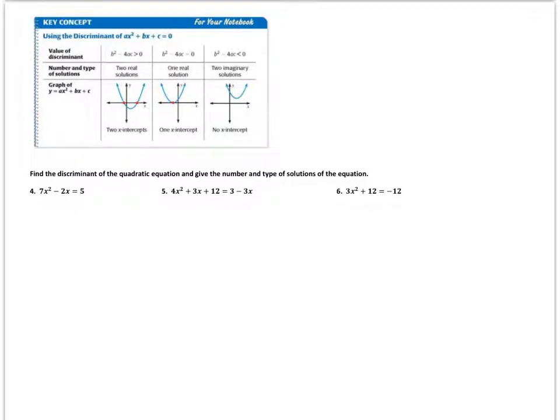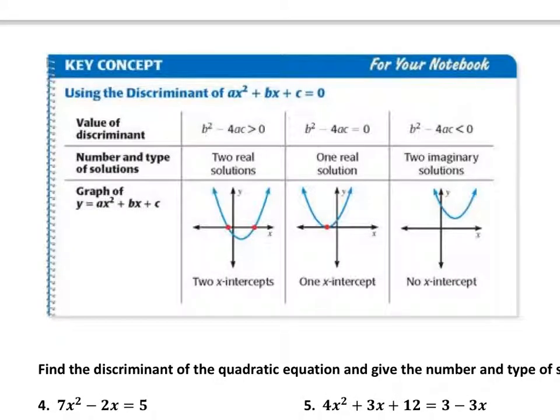Now, if you look back, it says using the discriminant. So the first problem we had 2 real solutions, the second problem we had 2 imaginary solutions, and the third problem we had 1 real. If b squared minus 4ac is greater than 0, it means there's 2 real solutions.